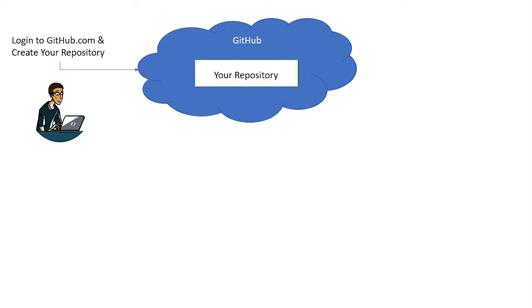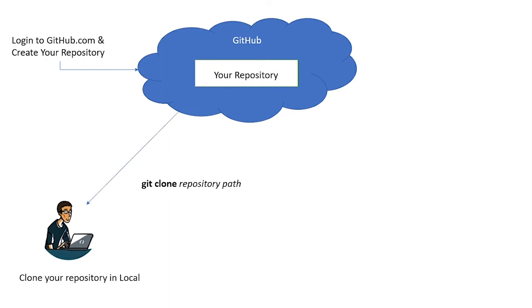Once you create your remote repository in github.com, you have to open your local path in your machine and clone your repository in local.